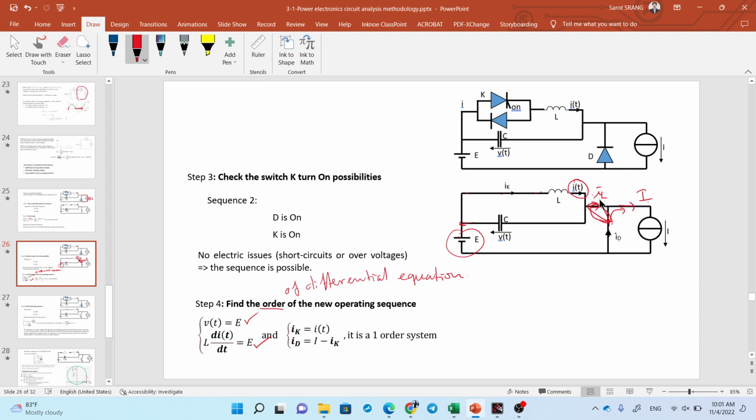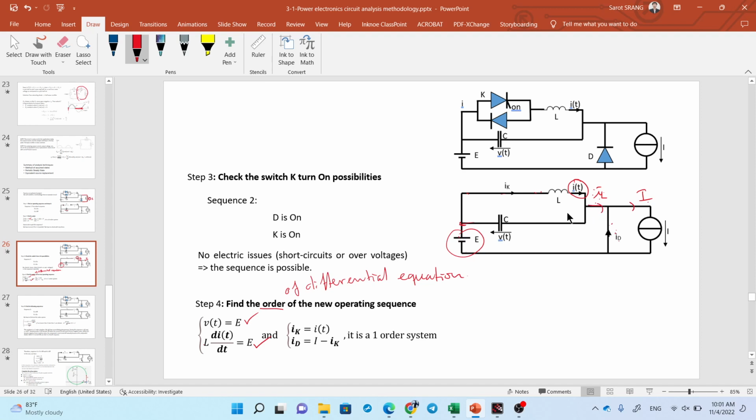So this one starts to increase, this one starts to decrease. It increases until IL is the same as I. So this current source just sucks the current from the inductor branch only.